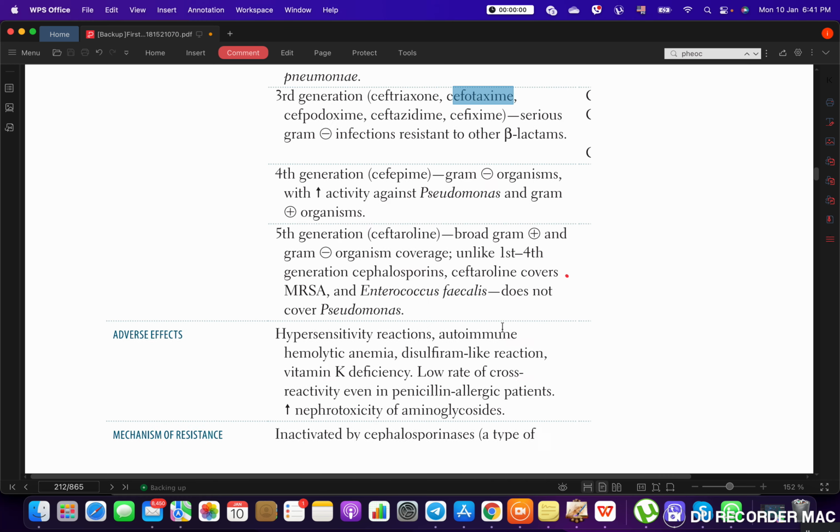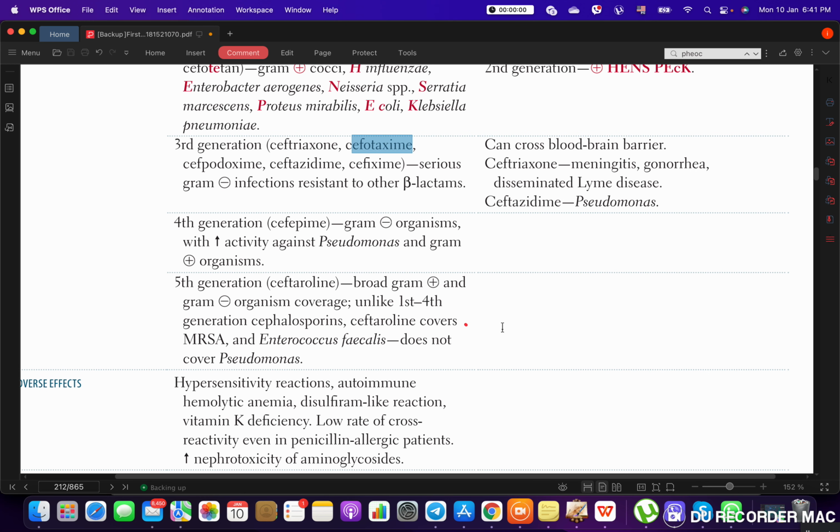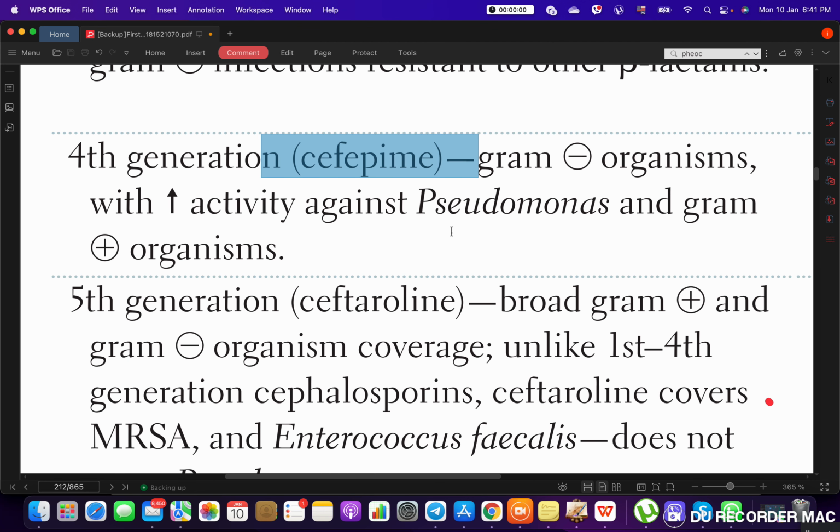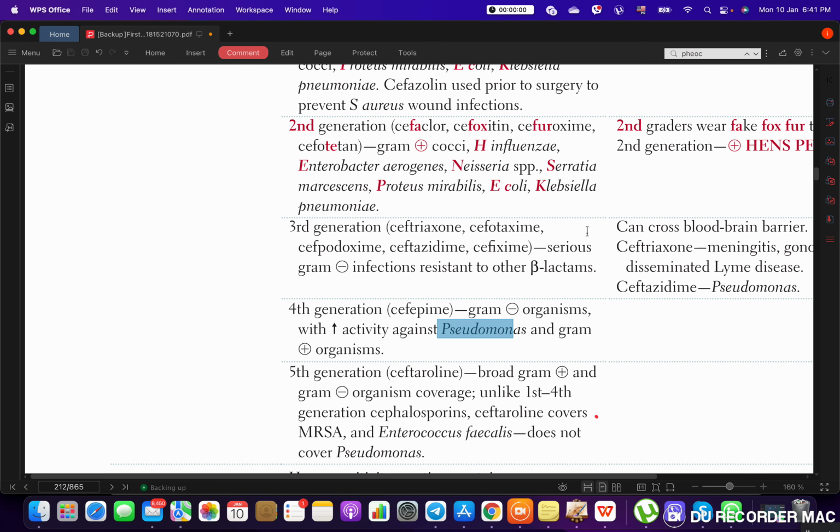So, okay, you need to check for that before starting the antibiotic, and start the exact antibiotic and the least modern antibiotic that works, okay? So, serious gram-negative infection can be treated with the 3rd generation, as we said. Okay, cefepime, it covers gram-negative organisms, gram-positive, and pseudomonas. Notice something here.